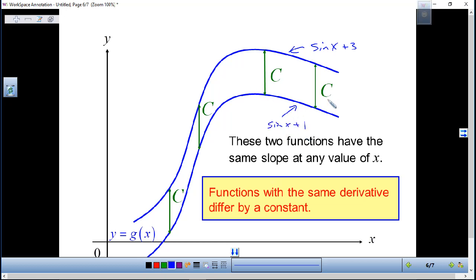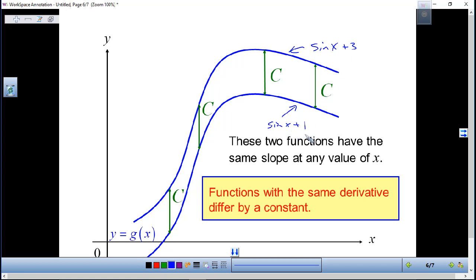And that means that c is equal to 2. There's a difference of 2 in every one of these values. Now, it looks like some of these lines are longer. They're actually not. They're the same, because we're just talking about the vertical change. But both of these, if we took the derivative of sine x plus 3 and the derivative of sine x plus 1, what's our derivative going to be?